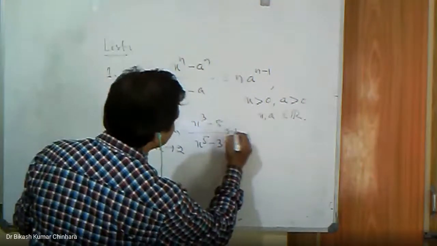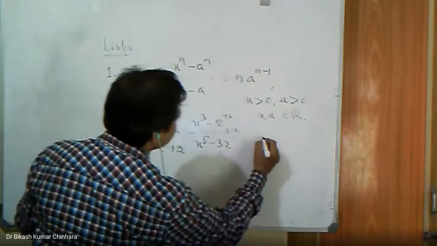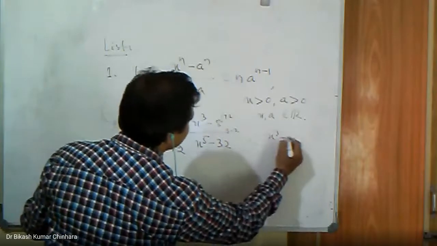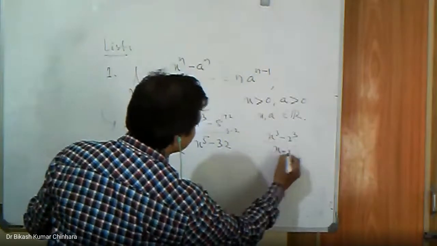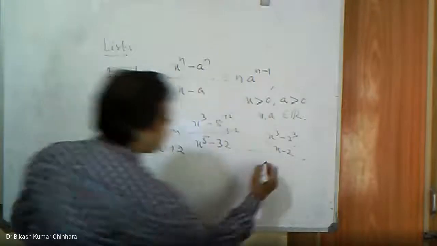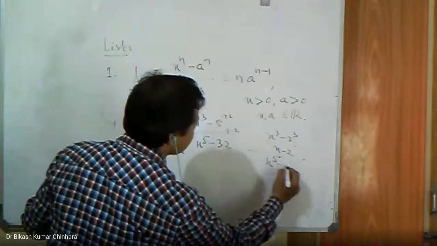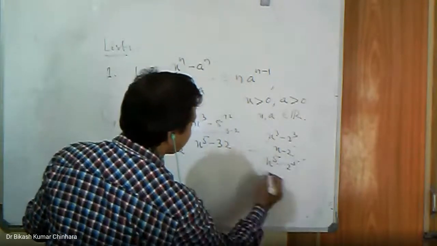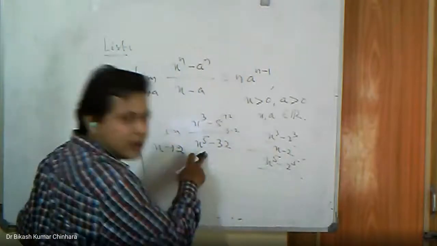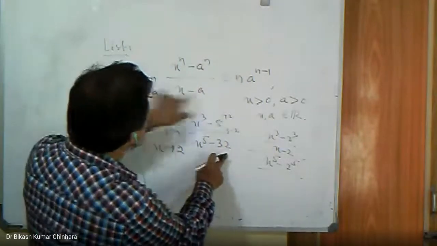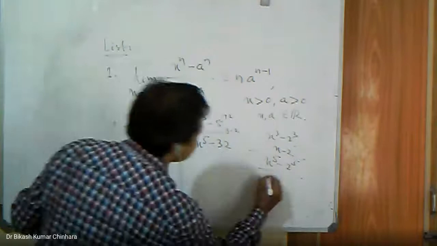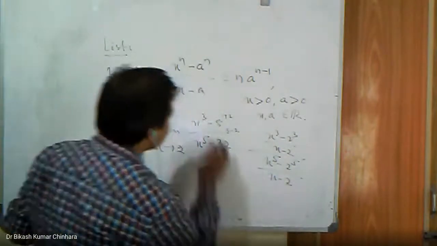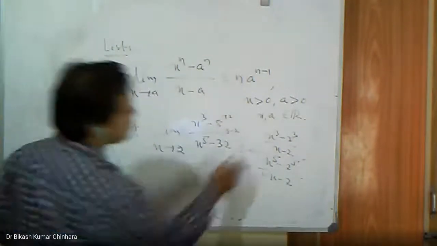So you are writing x cube minus 2 cube by x minus 2. Again, for this, you write x to the power 5 minus 2 to the power 5 here. And here also you need x minus 2 because it should be x minus a. So this expression can always be written like this.